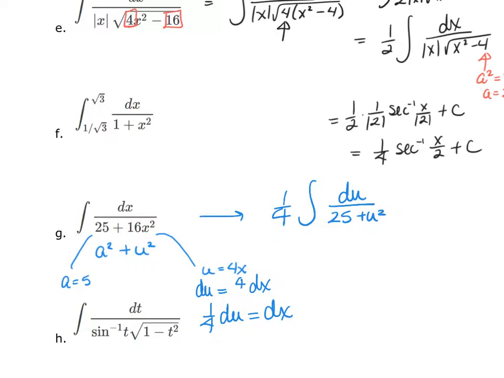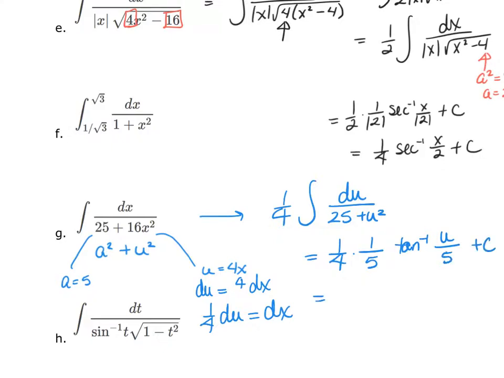And then this matches the pattern of the tangent. So this is going to be equal to 1/4. The tangent is multiplied by 1 over 5, because it's 1 over a, so 1 over 5. The tangent inverse of u over a, which is 5, plus c.